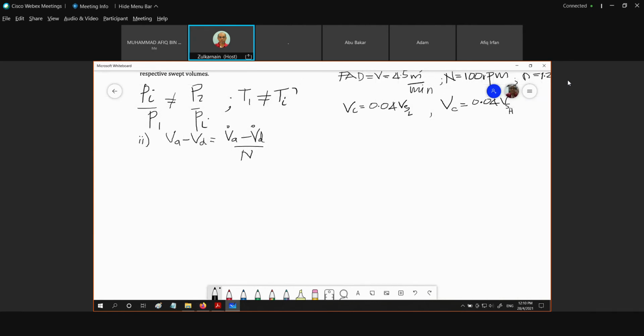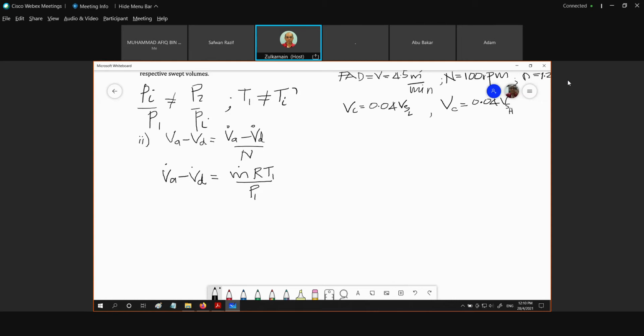So this is VA dot minus VD dot. We are going to get it from state 1, the end of the induction stroke. So this should be m dot R T1 divided by P1.